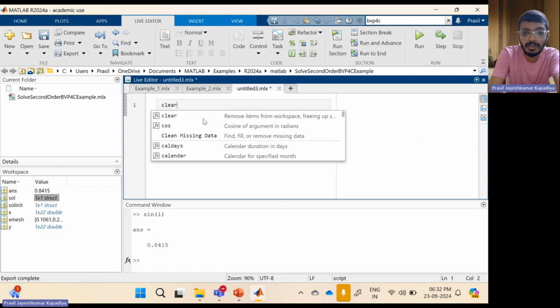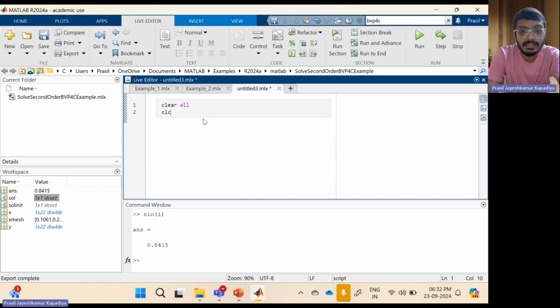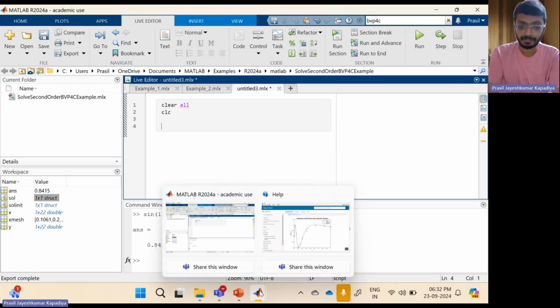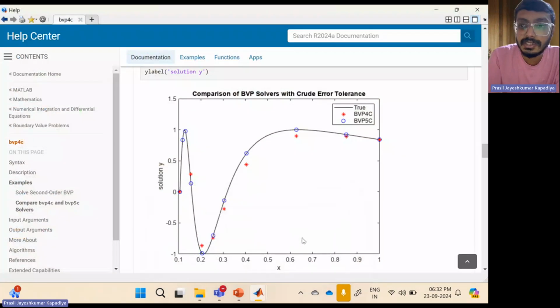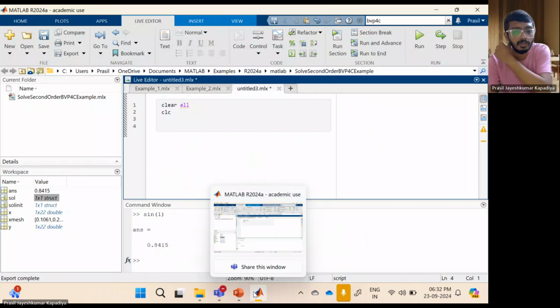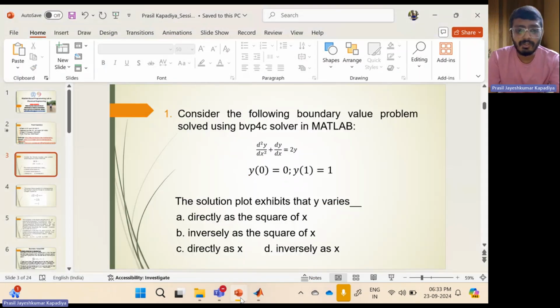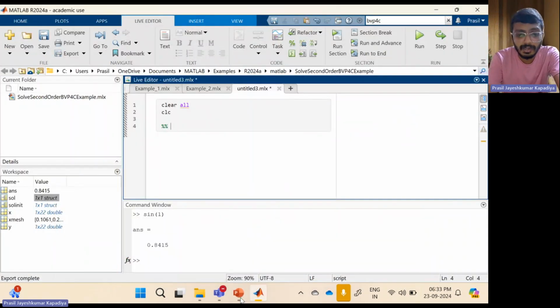So first, clear all, clc. Okay. So our equation is d square y by dx square. So I will write down y double prime plus dy by dx, that is y prime, is equal to 2 into y.